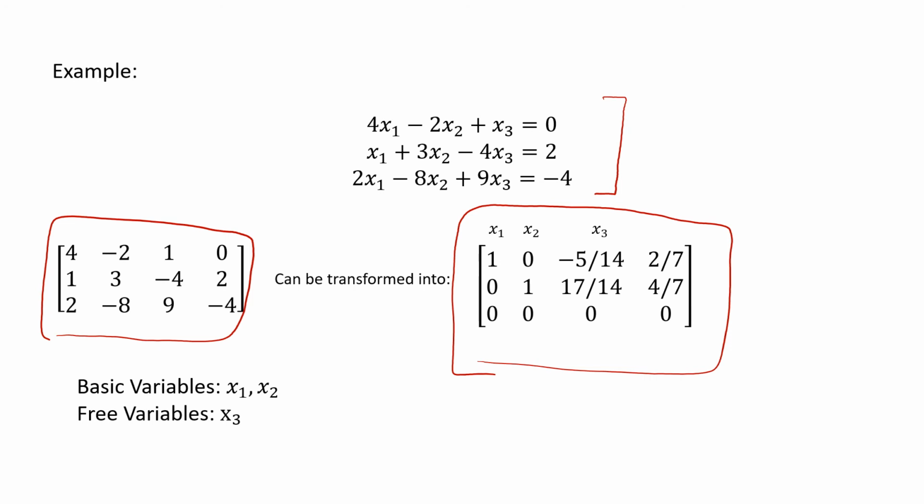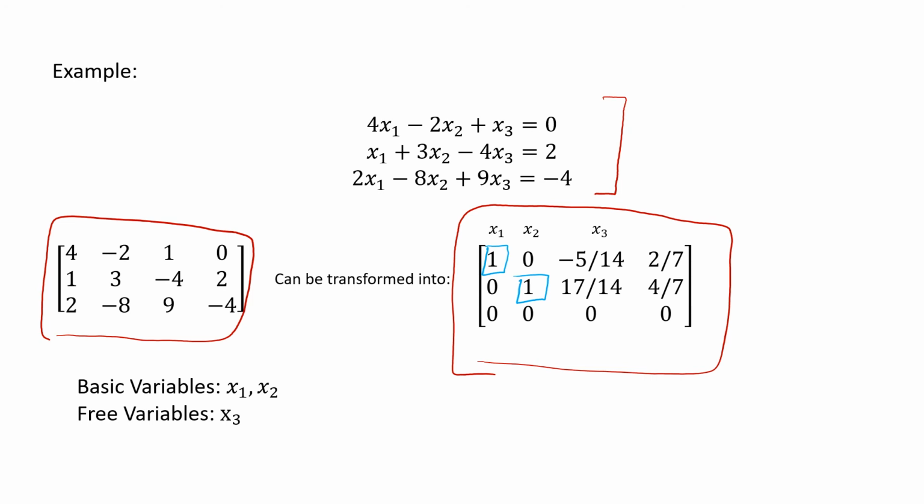Now take a look at all of the leading entries, all of the pivot positions. You have one there, you have one there. The third row you'll note has disappeared. There's no pivot entry in there. So we have 2 columns with pivot entries, or leading entries, and a third column without one.